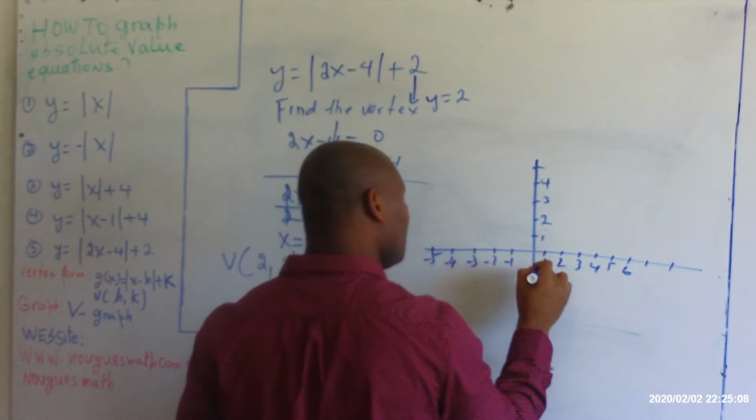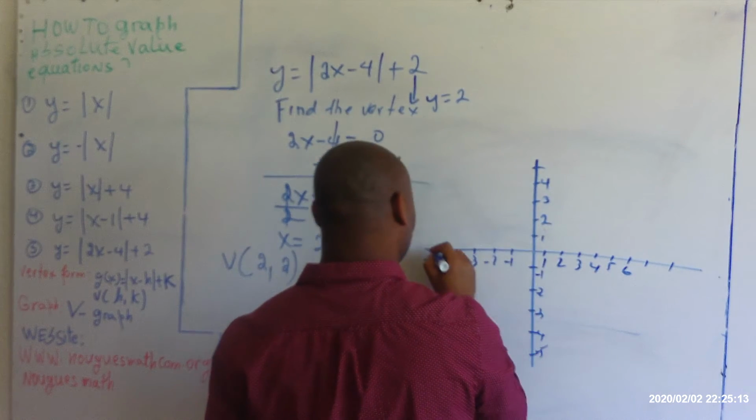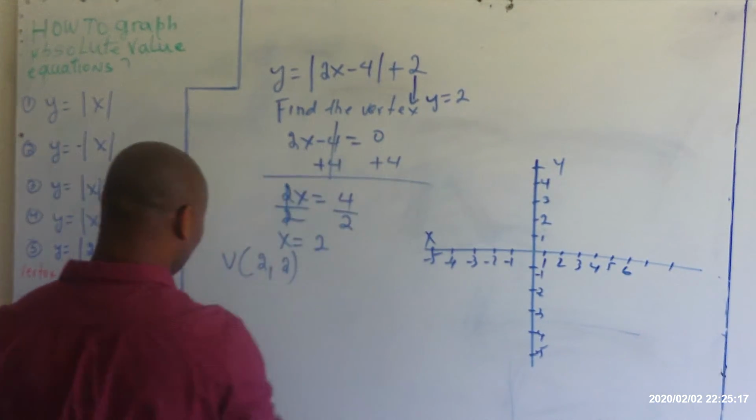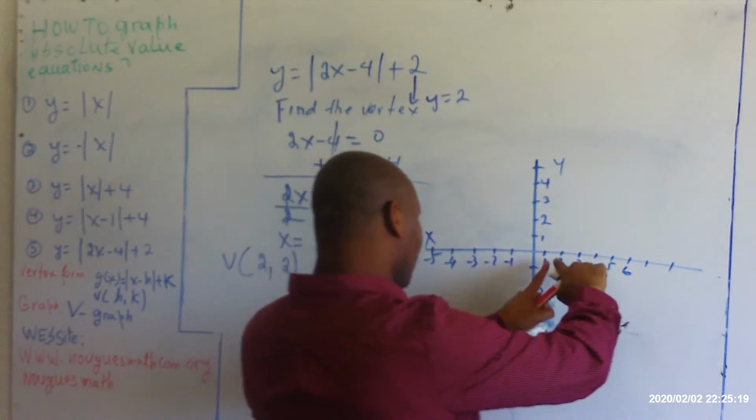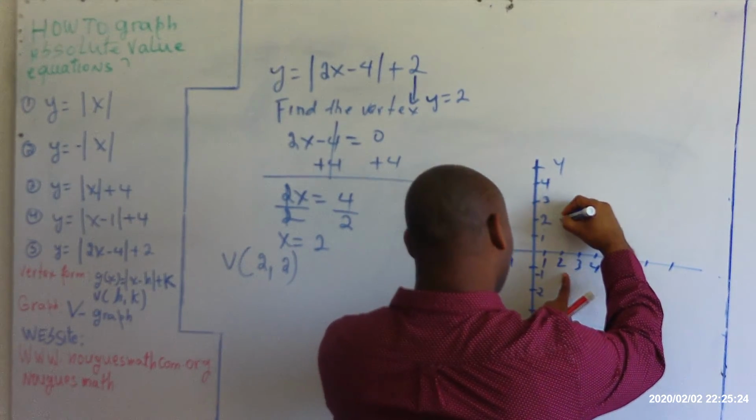Negative numbers, okay? This is the x, this is the y. So we're going to graph 2 and 2. This is the 2 for the x, but you go up 2, right here.